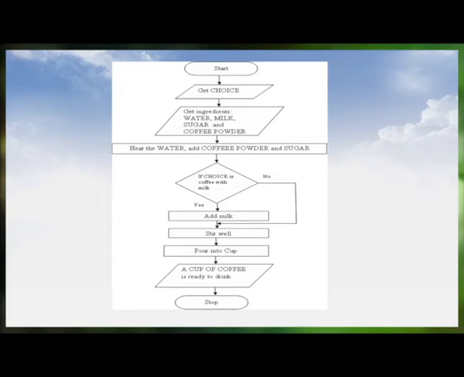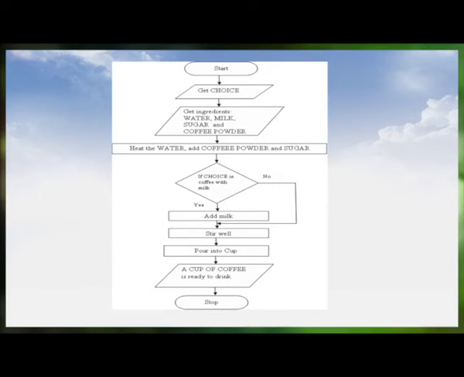So as usual, we are getting the choice from the user whether he needs a black coffee or milk coffee. Then we are getting the required ingredients. Then we process as shown here. Heat the water, add coffee powder and sugar. Suppose the choice is coffee with milk, we add milk and stir well. Suppose the choice is a black coffee, we are not required to add milk, so we directly jump to stir well. So this is how a decision box is used.